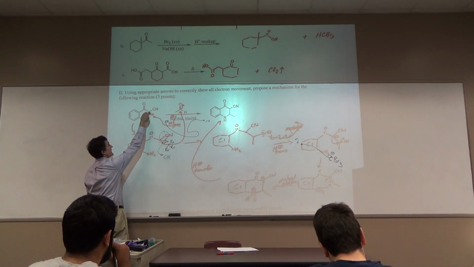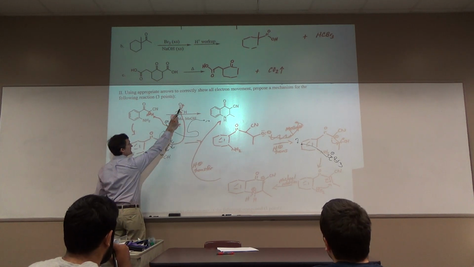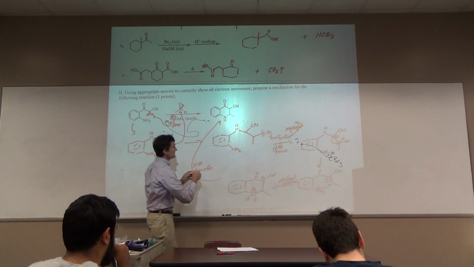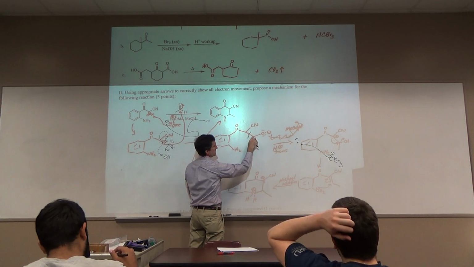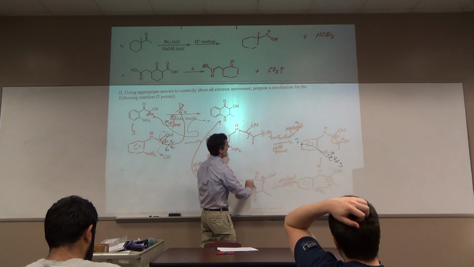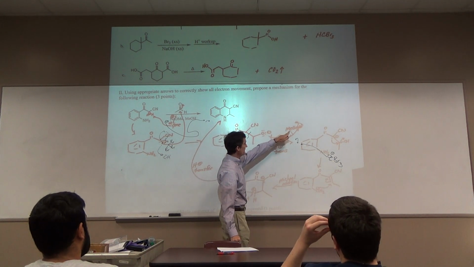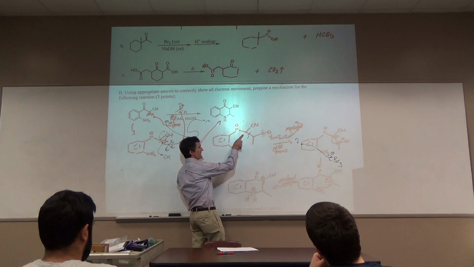Base takes the acidic H. The anion then attacks the carbonyl, electrons onto oxygen. So we made this bond here. There's a methyl on the carbonyl. This can pick up an H from solvent. But then I realized that ultimately I'm going to remake the anion here.